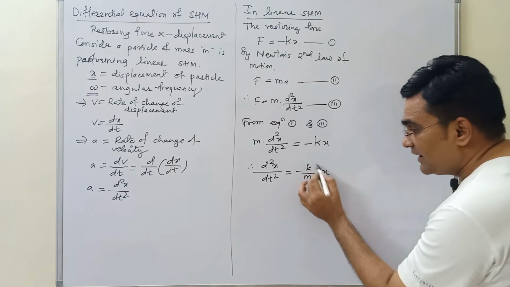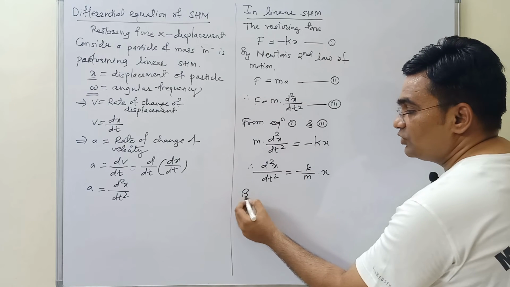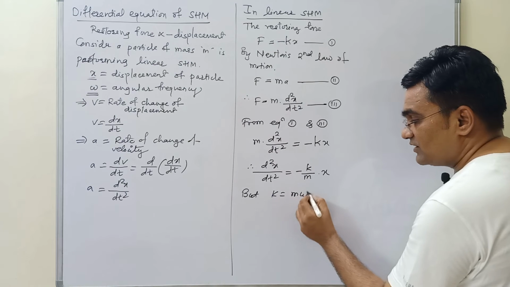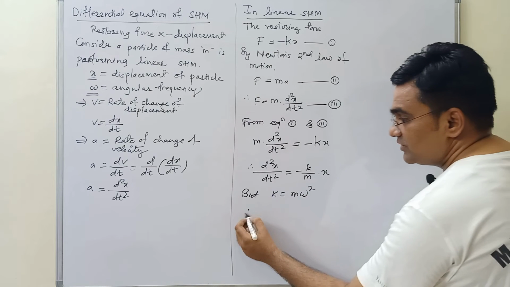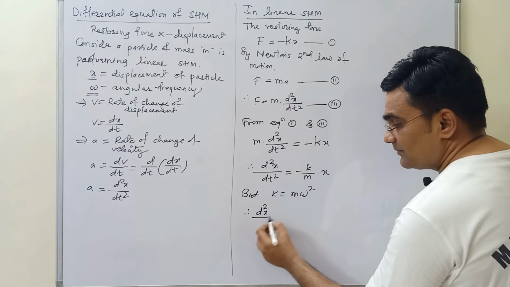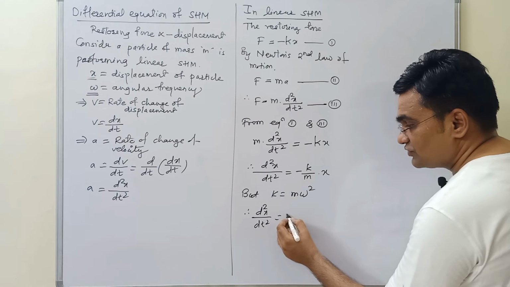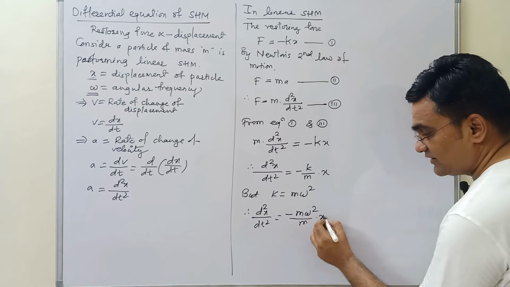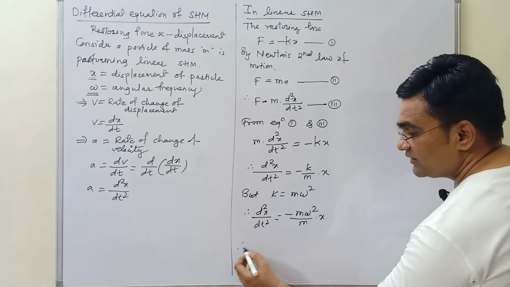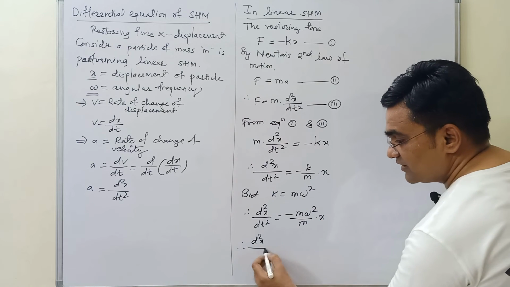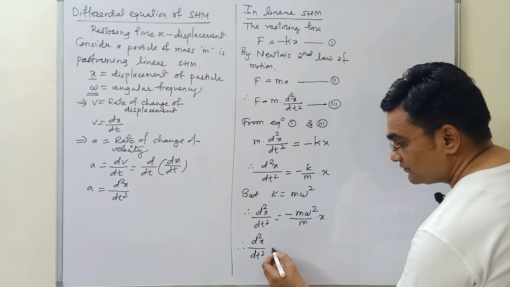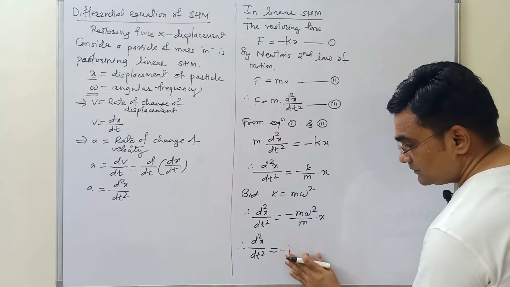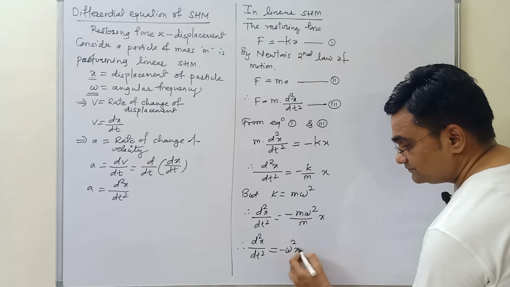Okay, what is this minus k upon m? But we know that k equals m omega square. So if I substitute, d square x upon dt square is equal to minus m omega square upon m into x, then finally I am going to get d square x upon dt square equal to minus omega square x.